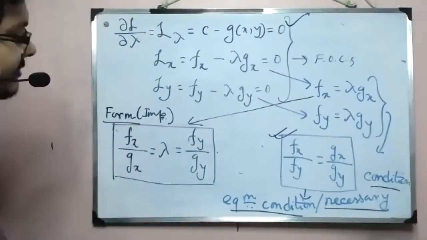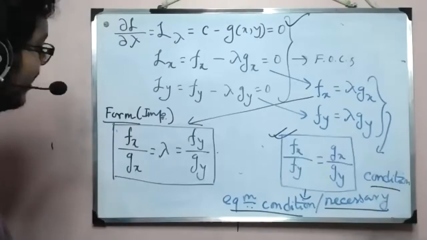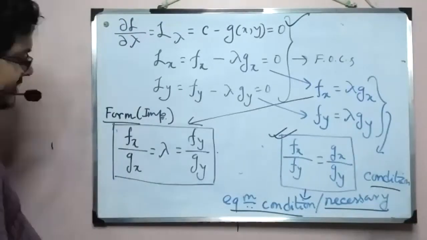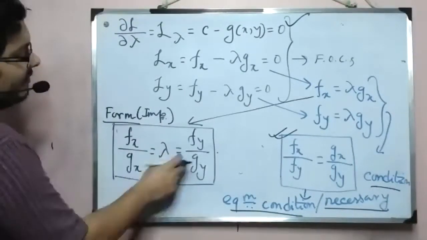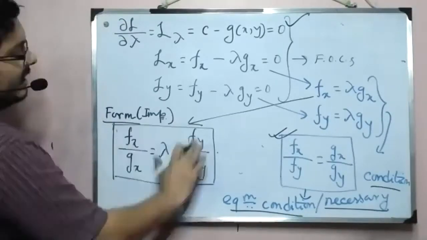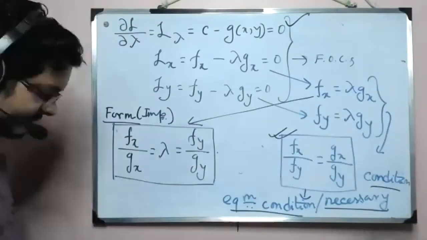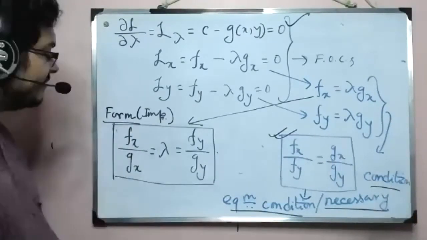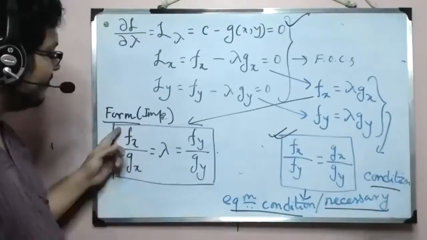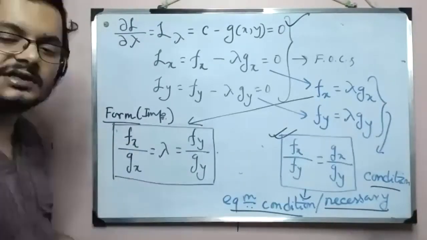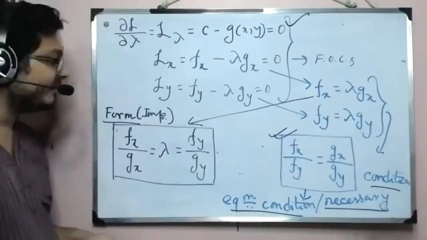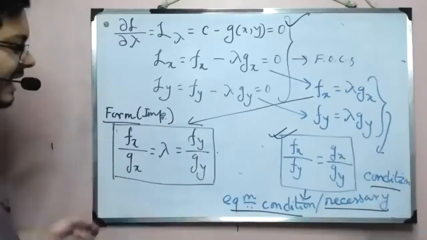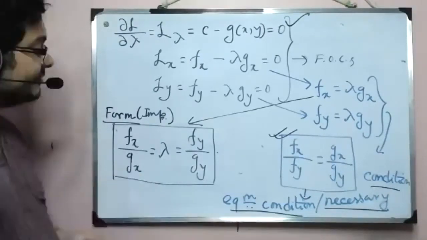For the time being, it's difficult to interpret lambda only from this equation. Obviously in a consumer behavior problem you will get a ready-made interpretation of what fx by gx or fy by gy actually means. If you open a standard slightly advanced micro book you will see.